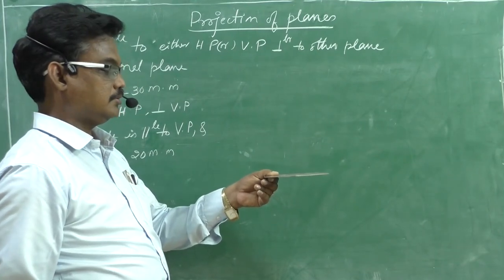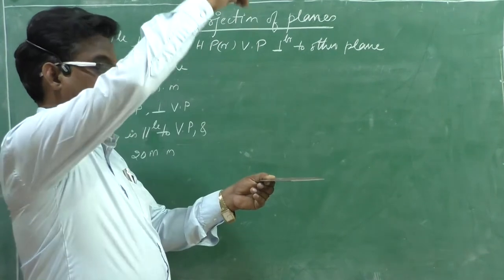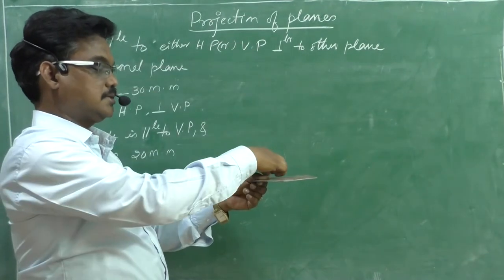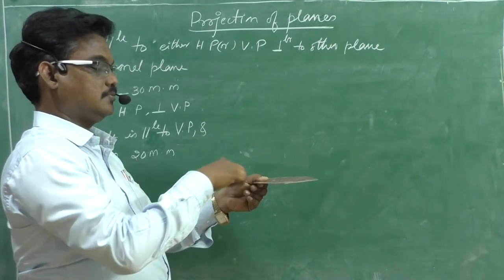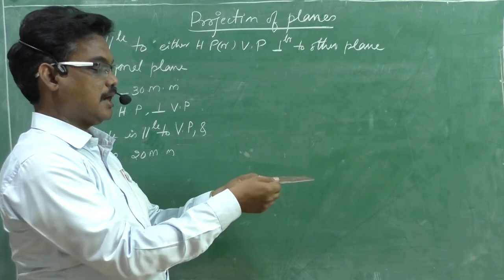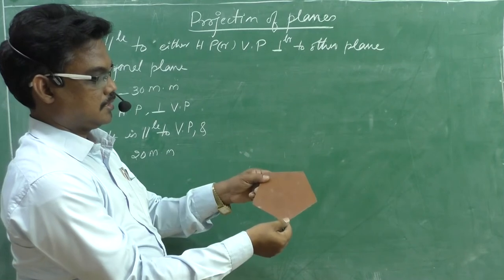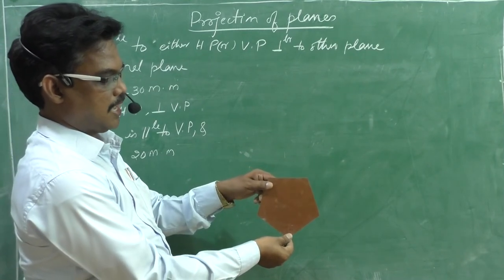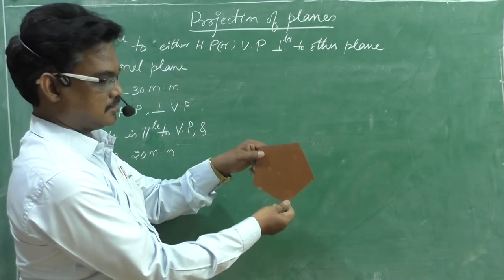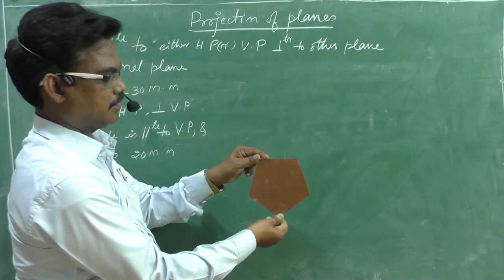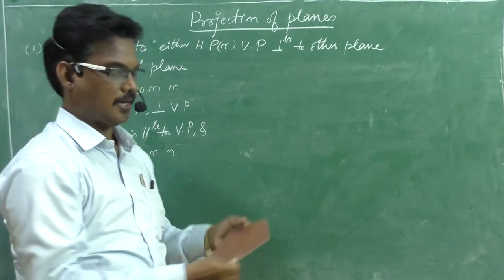Now we need to draw the top view first, because true dimensions are visible in the top view. After that, if you rotate the horizontal plane, the top view will be like this, right? In this position only we need to draw the top view. Now we will draw.